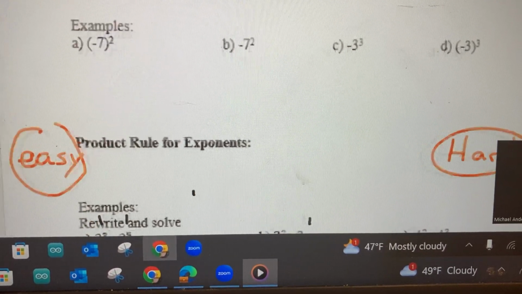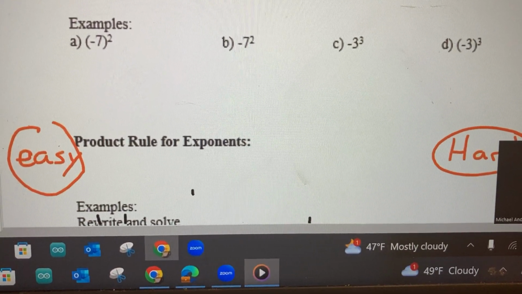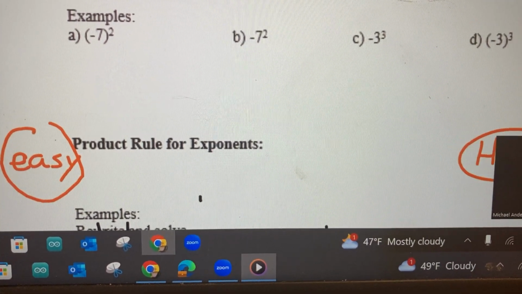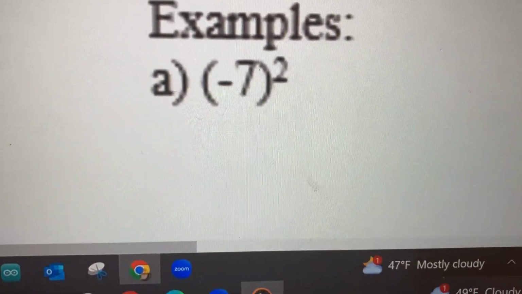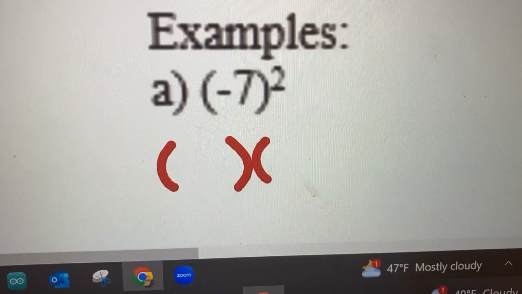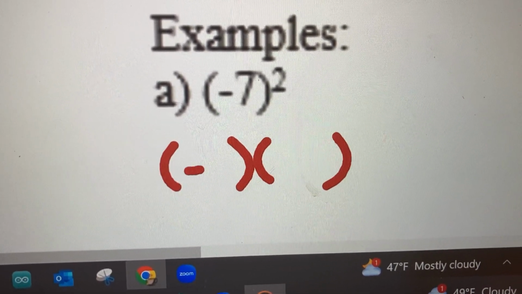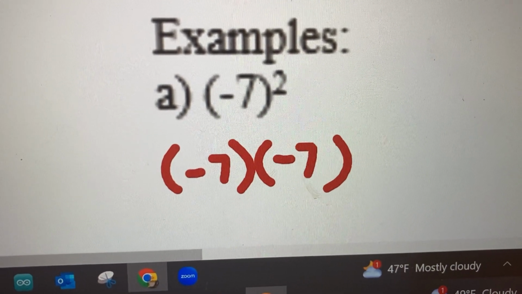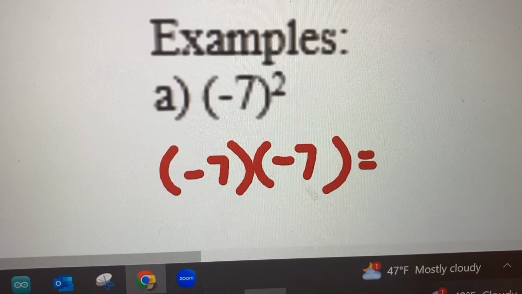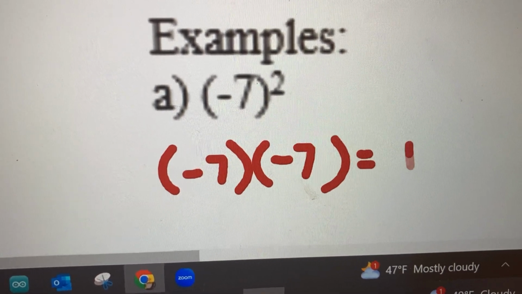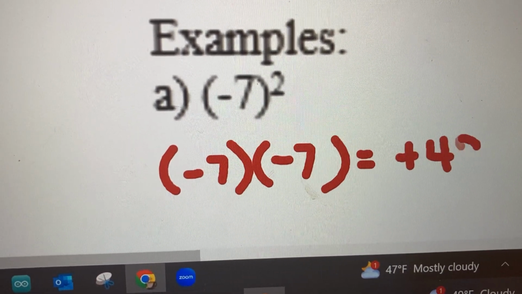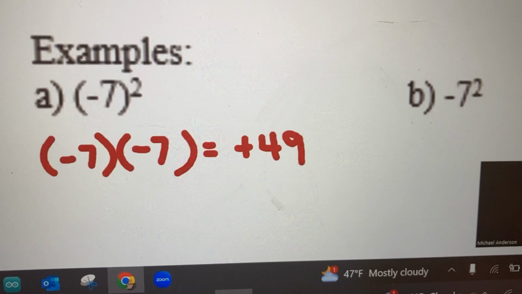So examples here. We have the power of 2, and immediately below it, we have parentheses. So that means that we have 2 parentheses multiplied together. On the inside, we have negative 7. And so that multiplies out to be positive 49.